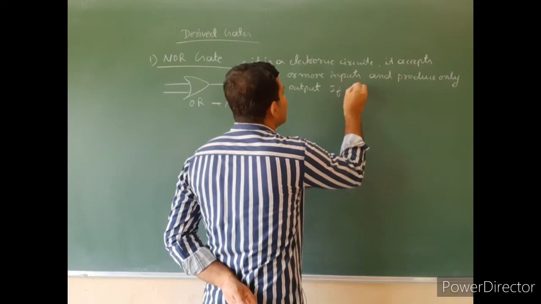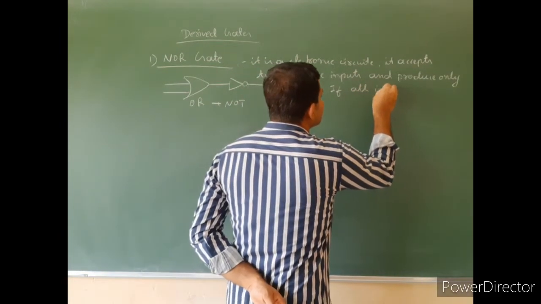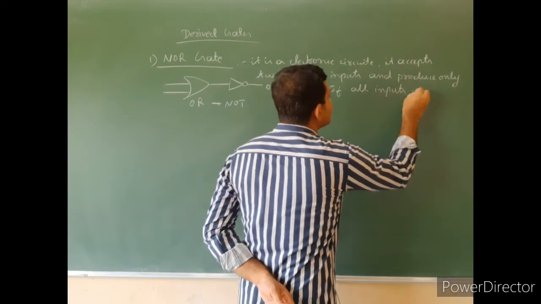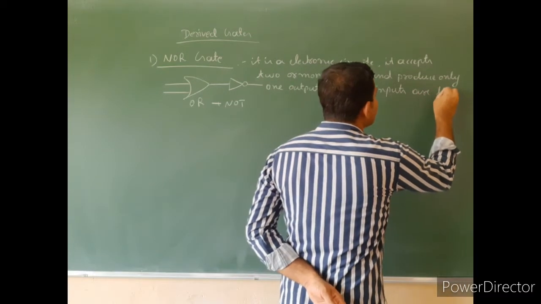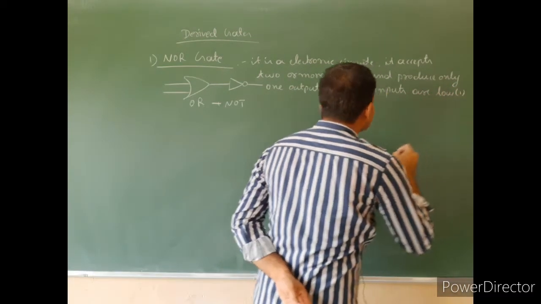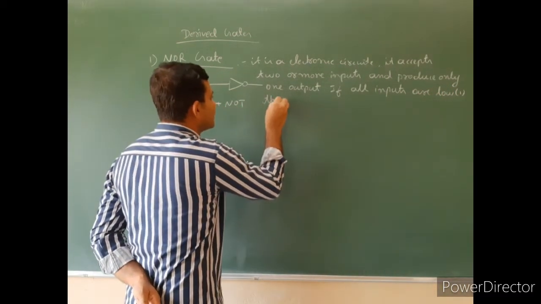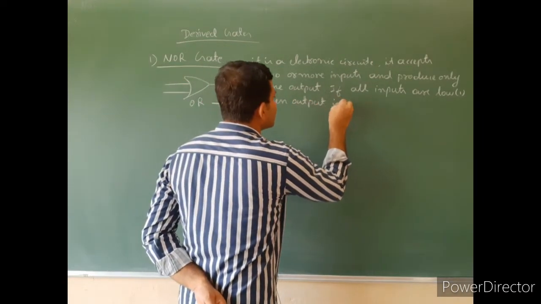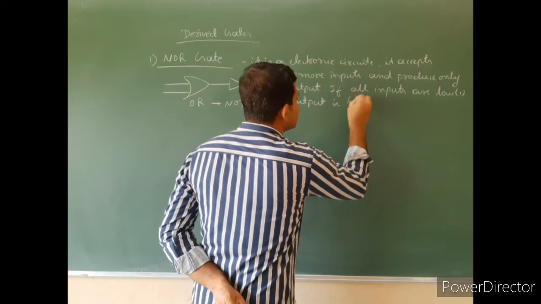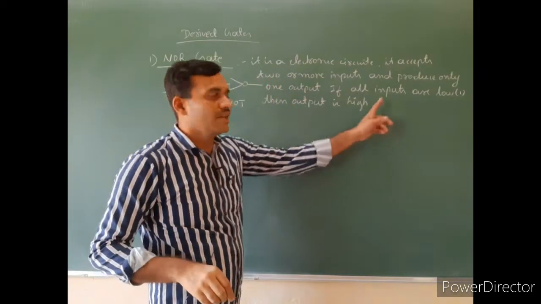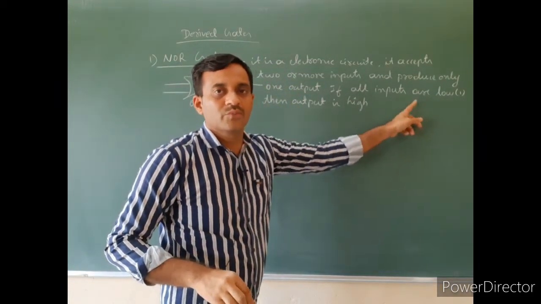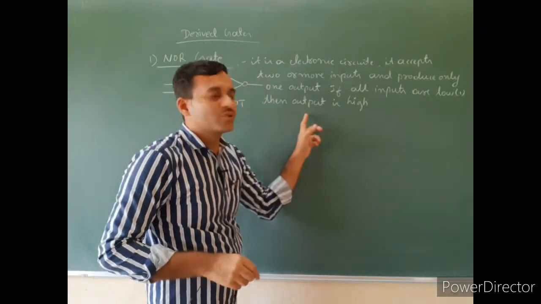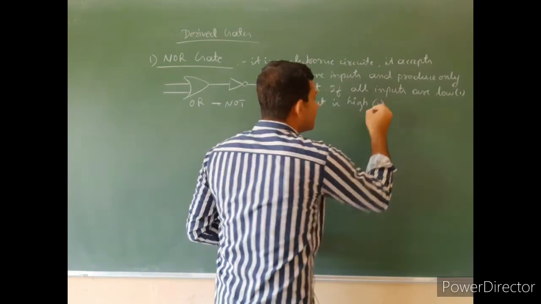If all inputs are low, then output is high. See the principle. If all the inputs are low, then output is high, or 1.